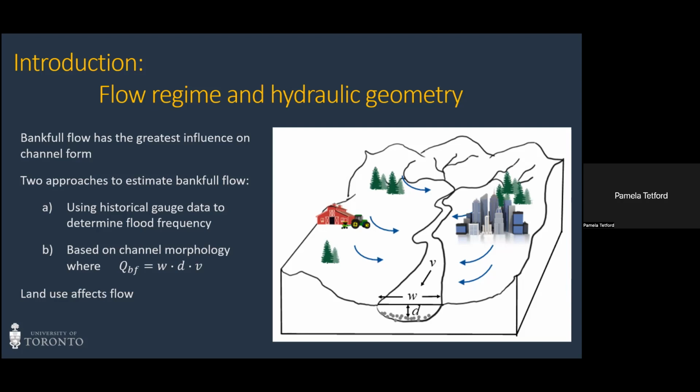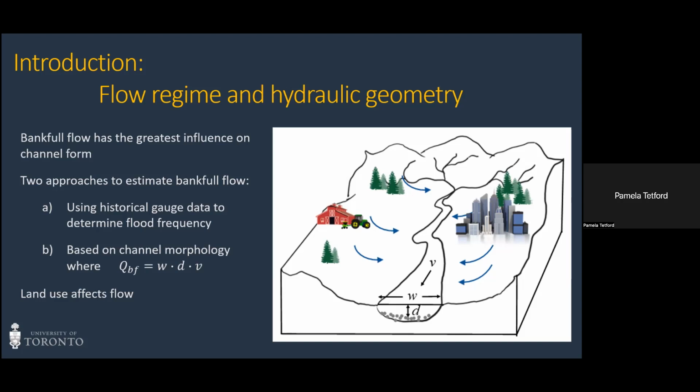One is based on historical gauge data that is collected to determine the flow frequency at which these floods are occurring, and another is based on a channel's form or its geometry, the shape of the channel itself, and then we can calculate this bankfull flow with the continuity equation, where we take the width times the depth times the velocity of the flow itself.